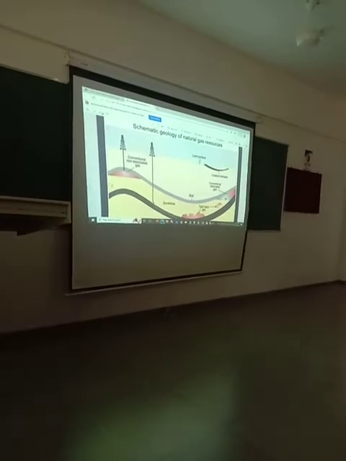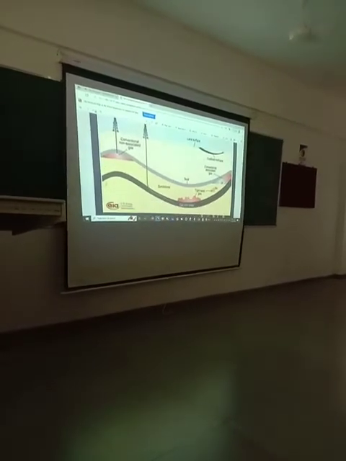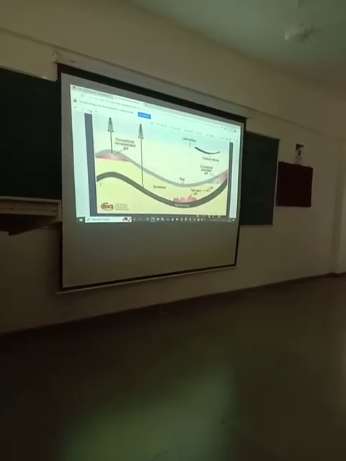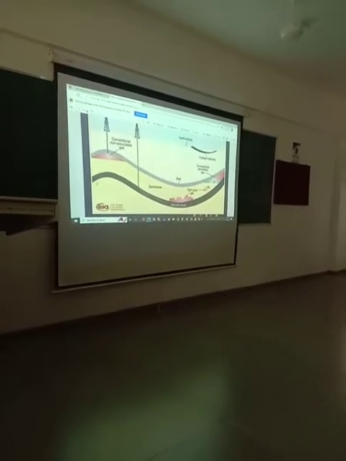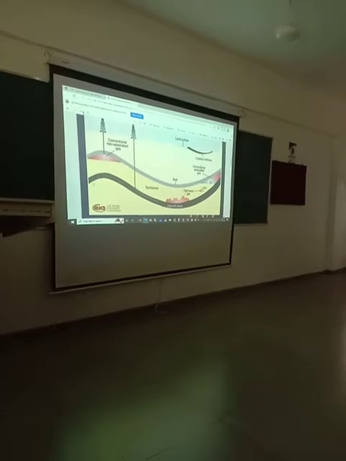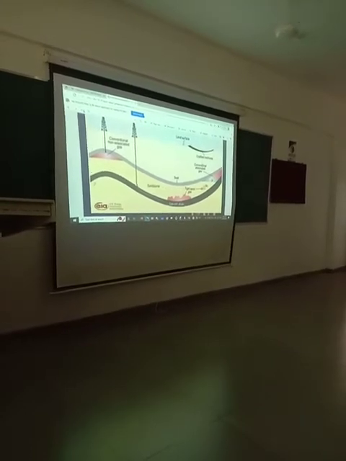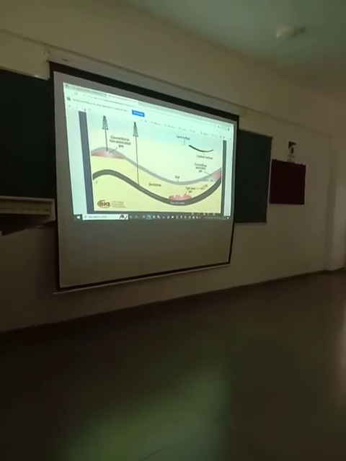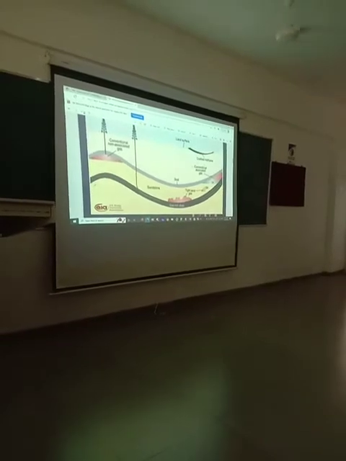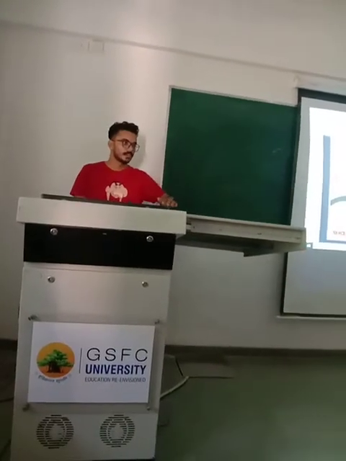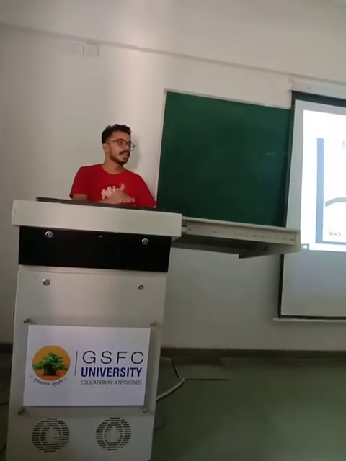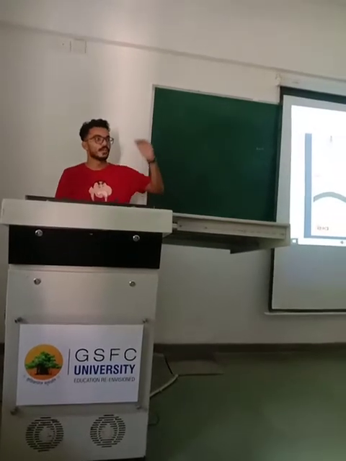So this is a schematic diagram of how we look at natural gas from the ground. As we know, in the deep bed of the earth we have our crude oil. As you know, given the densities of liquid, solid and so on, the liquid petroleum is at the bottom and the gaseous product is floating above the liquid.